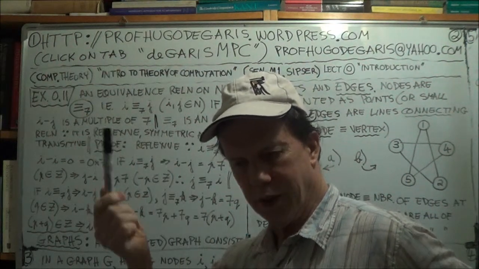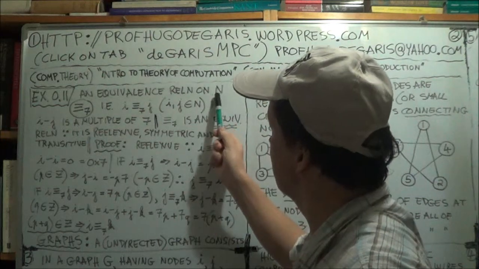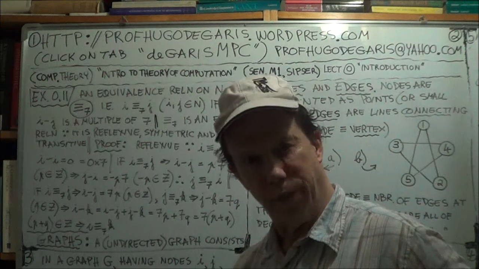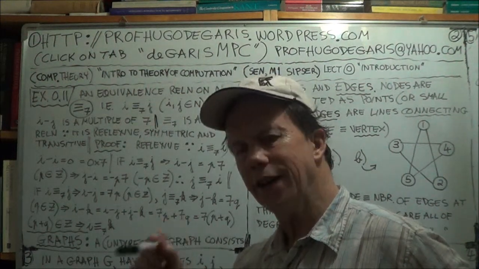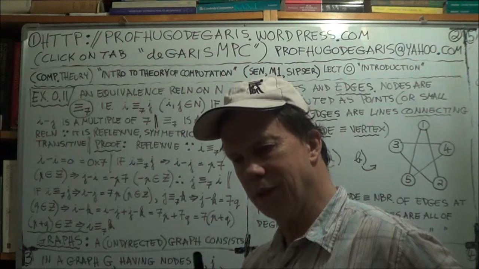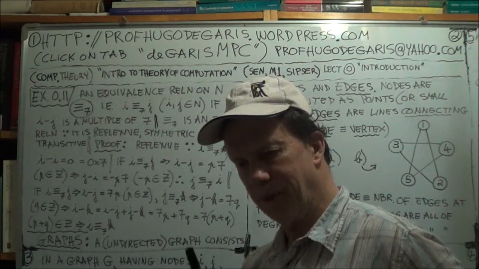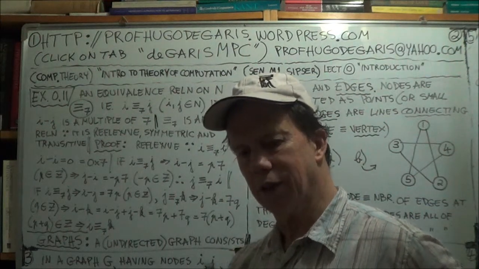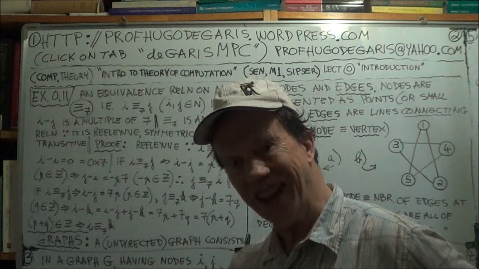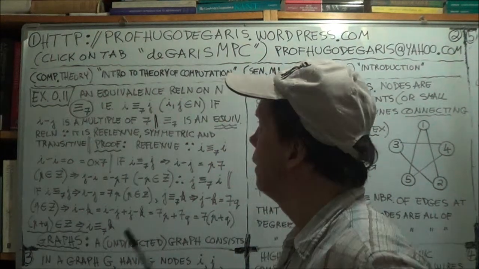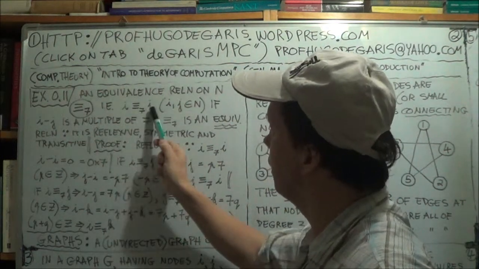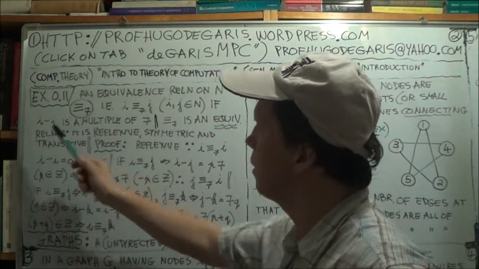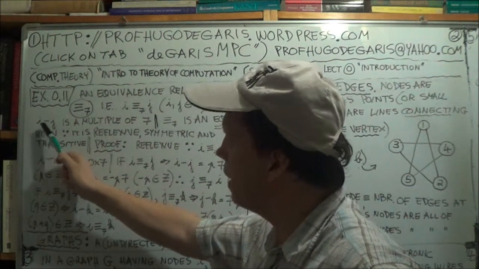And reflexive means that x, whatever it is that you're talking about. Well, in this case, in the context of big N, the x would be a natural number. So is x R x? In other words, is there a reflexive relation between x, like is x R x? Does that hold for itself? So if I put i both sides, is that true? Then you'd get i minus i.